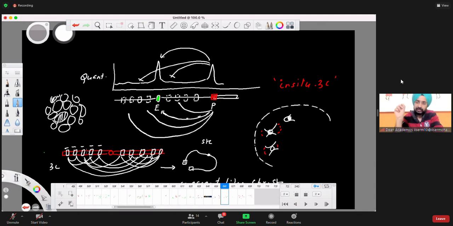Some of the microscopy-based methods, not all, are not good at resolving this kind of resolution. For example, you can just do 2, 3, or 5, 6 known loci and look at their interactions and calculate frequency by counting the cells in which they find the proximity.